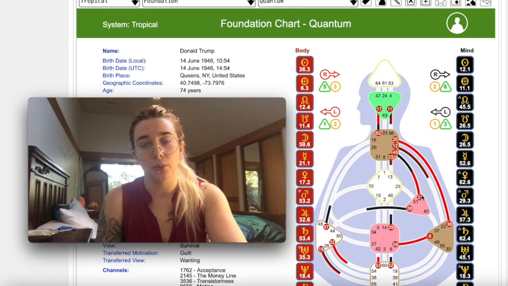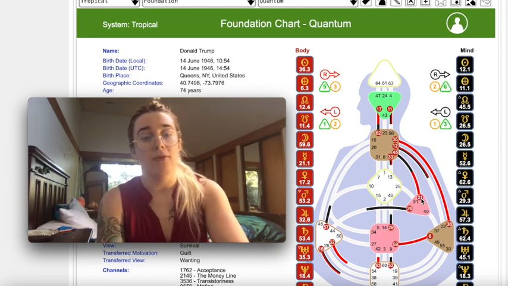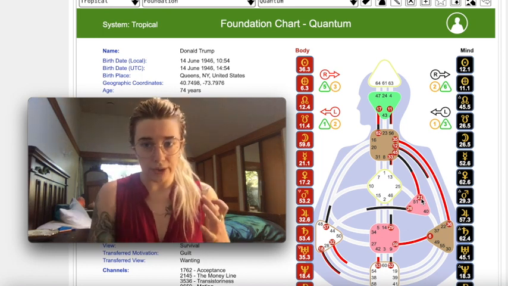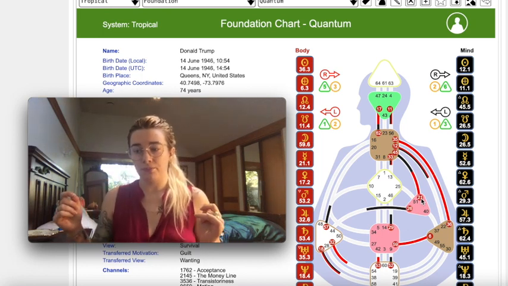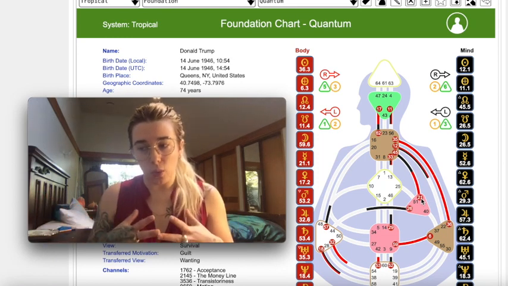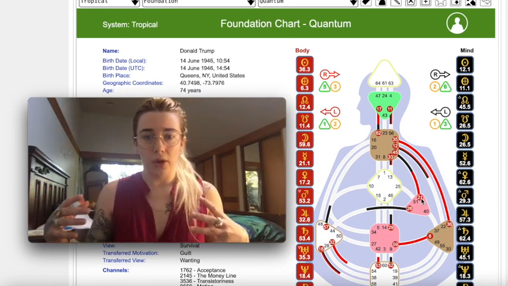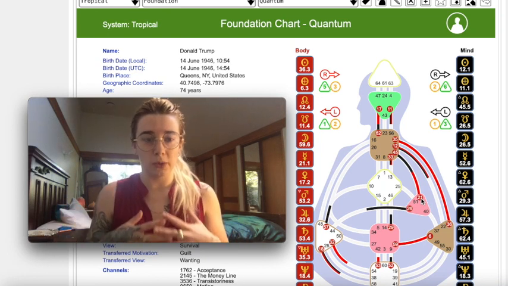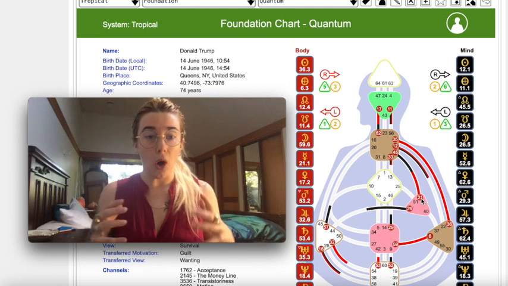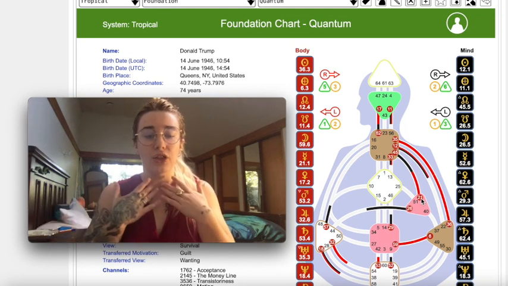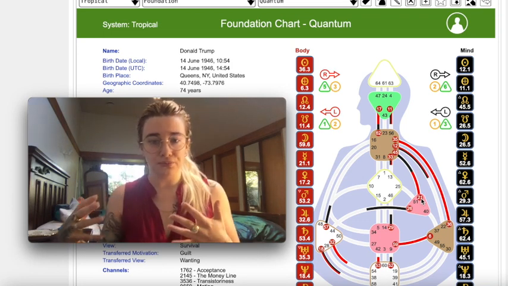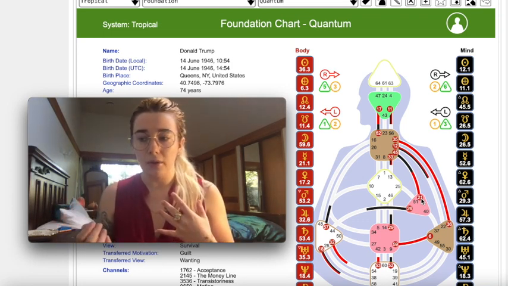And so with the gates 21 and 45, the 21 is all about having an awareness of distributing resources and saving and holding things, and the throat is all about spending.